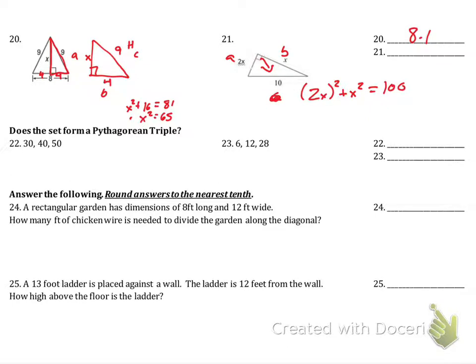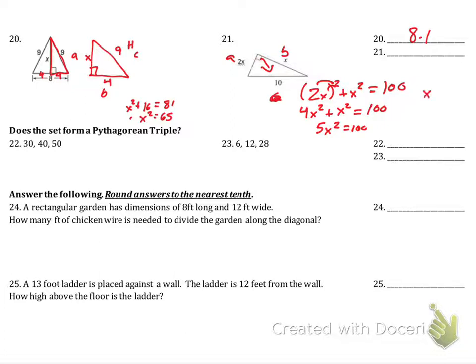So then, remember, both of these are squared, so it'll be 4x squared plus x squared is then going to be equal to 100. So that's going to be a total of 5x squared is equal to 100. So I'm going to do 100 divided by 5. It's going to be 20.